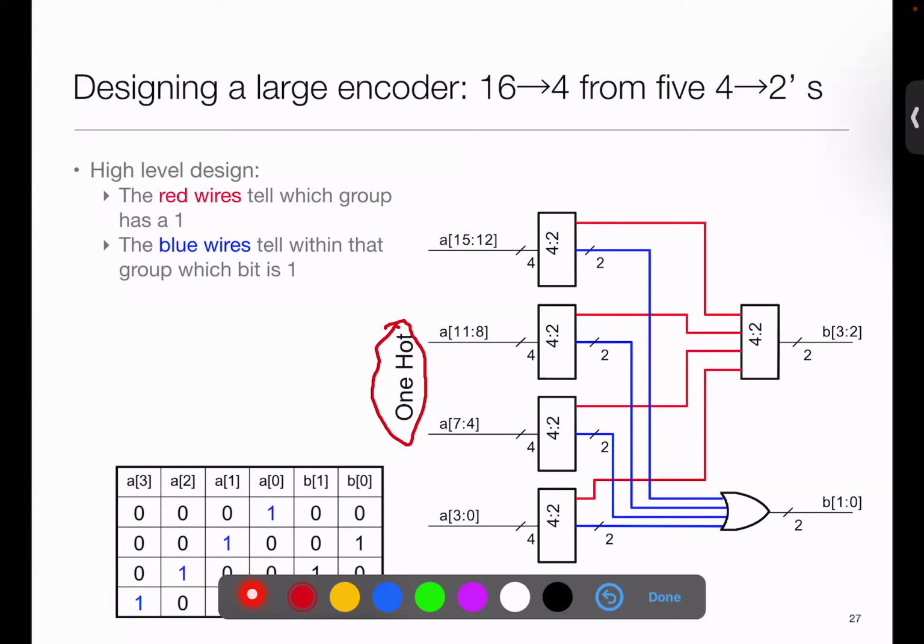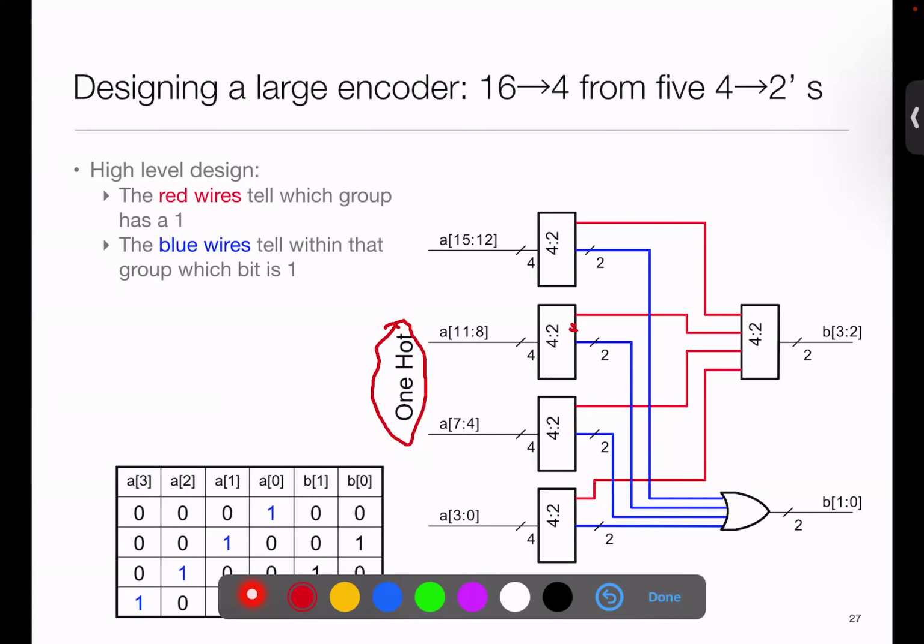So let's say A11 was high. Then the upper and the lower 2 red decoders, their red line, which is the V line, is going to be 0 because they are going to see all zeros in their input. Whereas the red output of this guy is going to have a 1 on it because it is seeing a 1 in it.